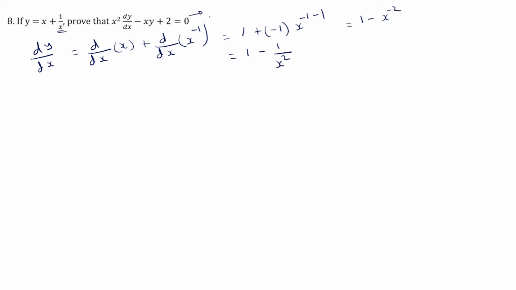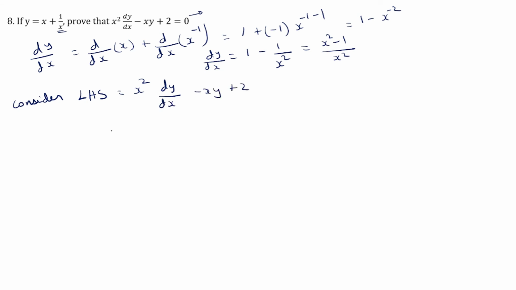Now let us simplify it as x square minus 1 upon x square. This is dy by dx. Now let us consider the left hand side of this. So x square dy by dx minus xy plus 2.